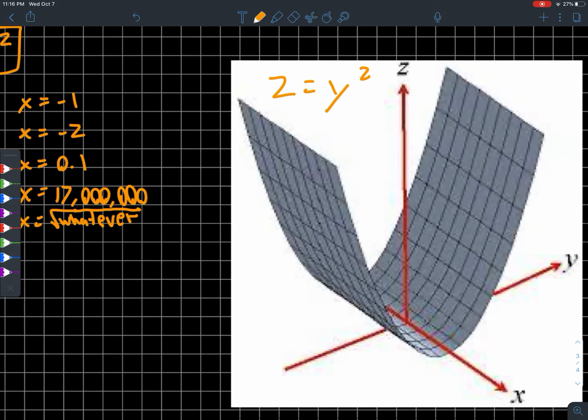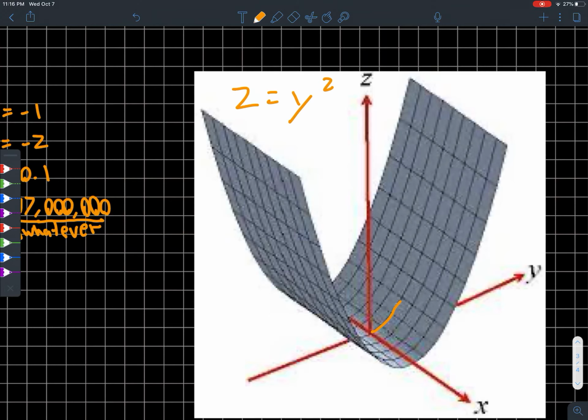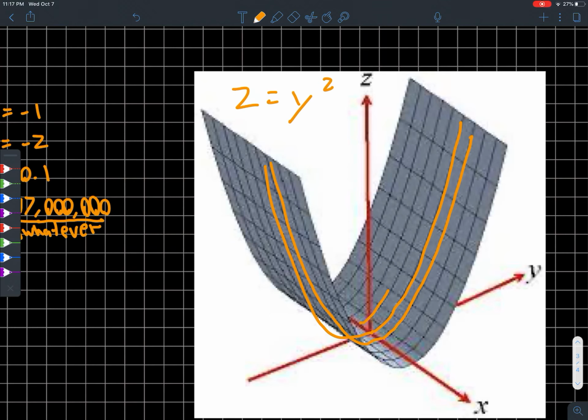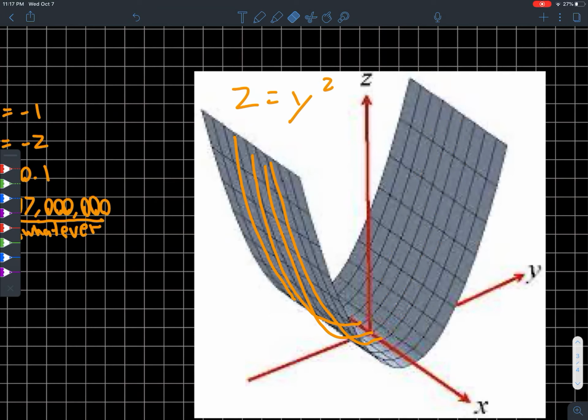So what happens is our locus is this parabola, and this parabola, and this parabola, and this parabola, so what we get is this extrusion of a parabola along the x-axis.